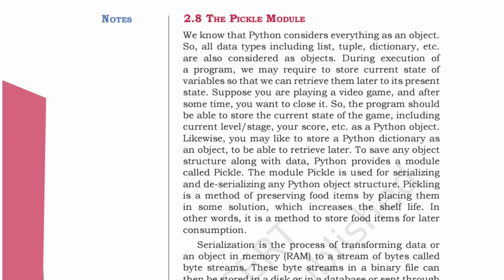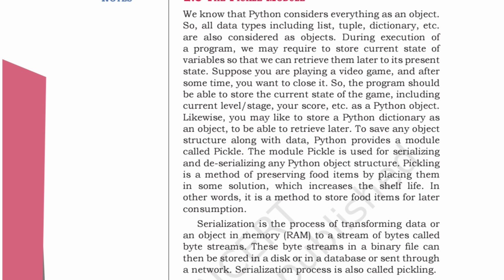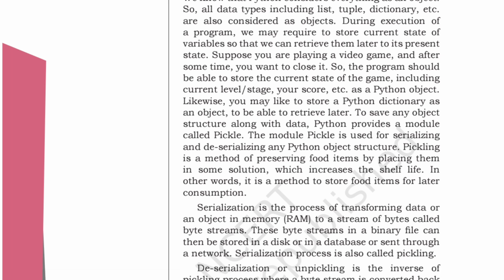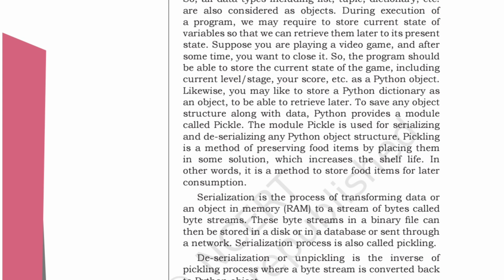Likewise, you may like to store a Python dictionary as an object to be able to retrieve it. We are storing it in a Python dictionary as an object, and then we are retrieving it.